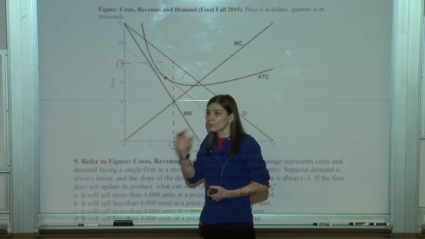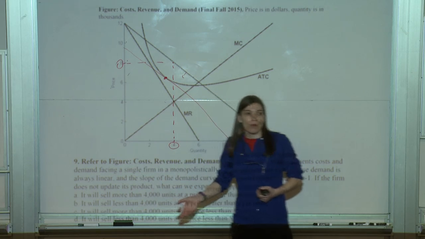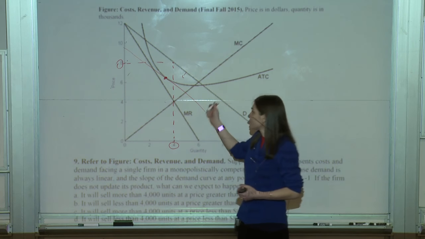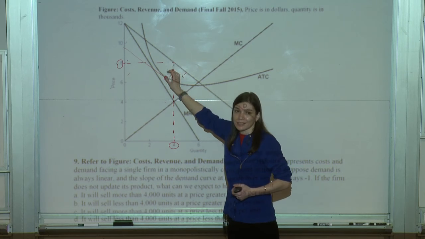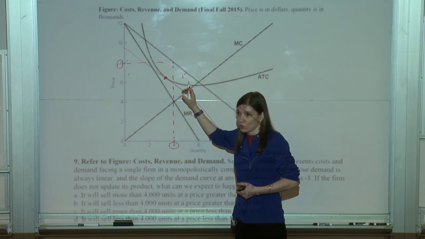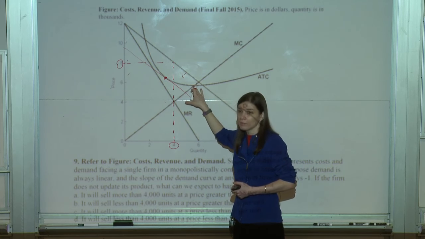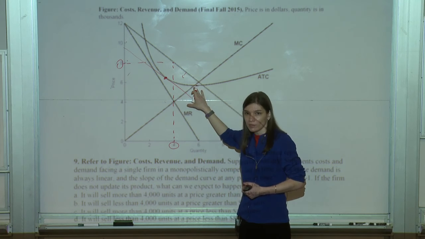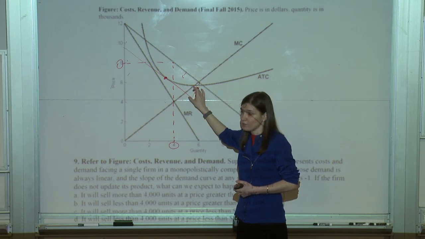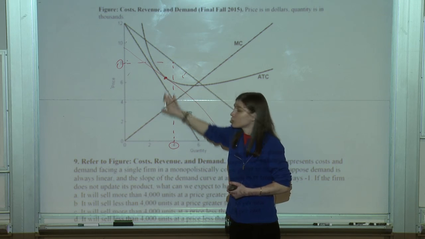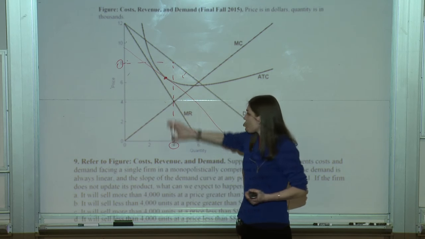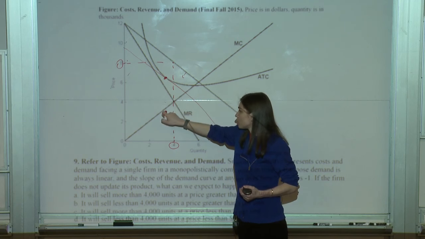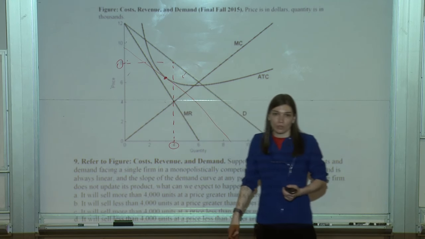So in the long run, still zero profits, but we have an optimal point at the decreasing phase of average total cost instead of the minimum. The minimum is called the efficient scale, and we're not producing at the efficient scale. Also, we do not charge a price equal to the marginal cost, which is the most efficient thing. We still have a markup, because this is marginal cost, and this is what's going to happen in the long run.